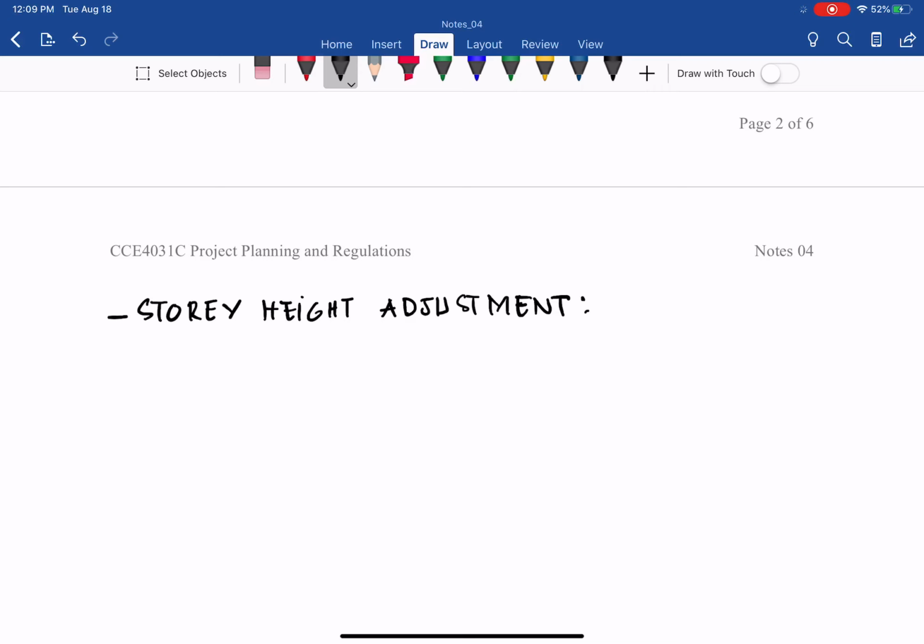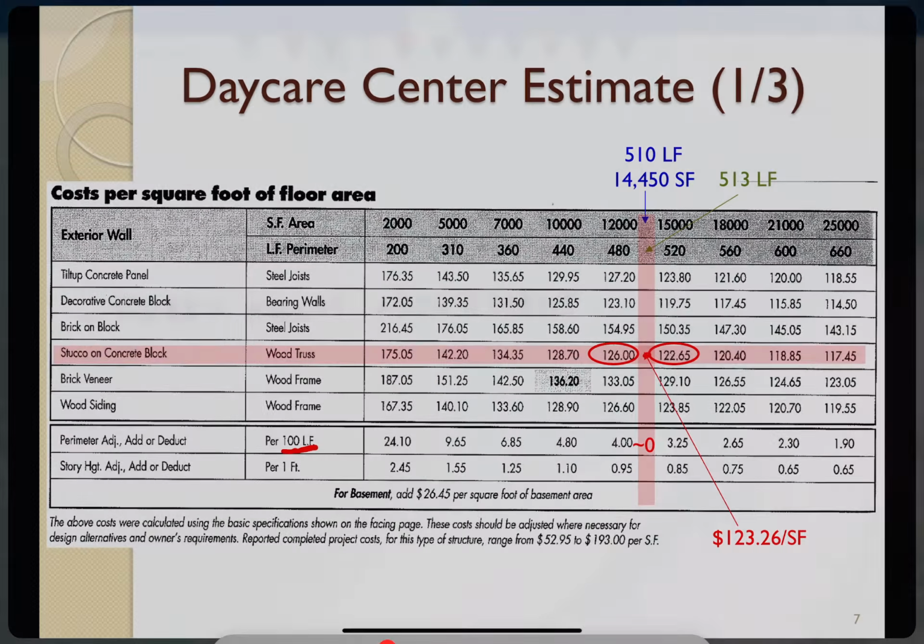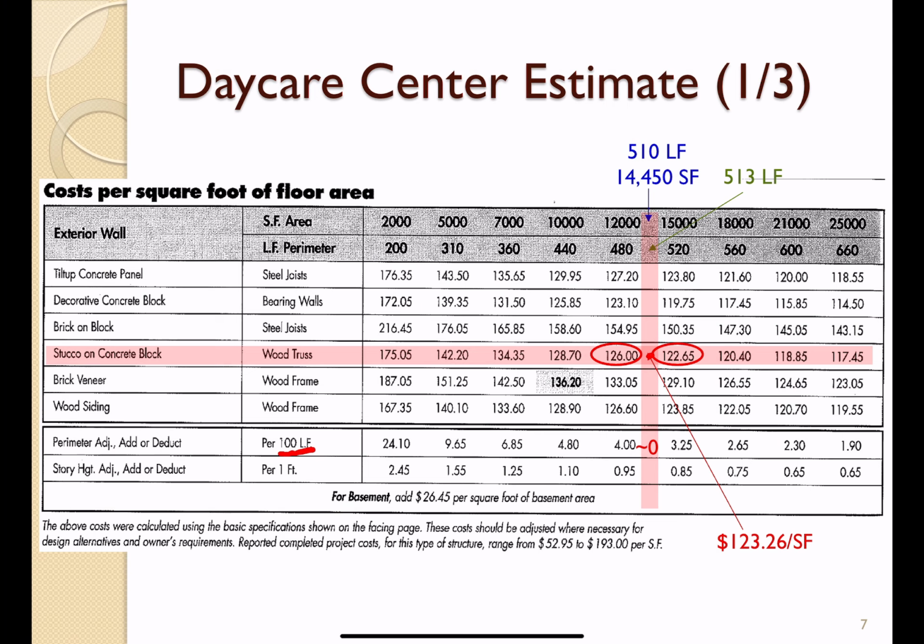For the story height adjustment, as you can see here, let's go back to the daycare center. The model building is 12 feet, and the story height is the column here; for every foot of difference, you have to adjust for story height. We have 15 feet height. The model building is 12 feet height.